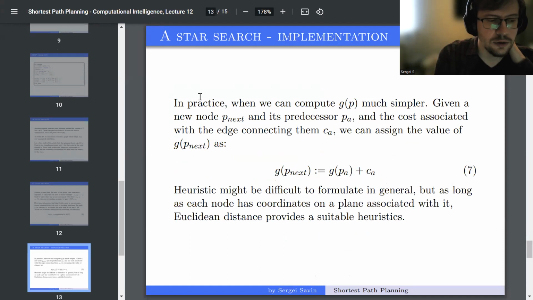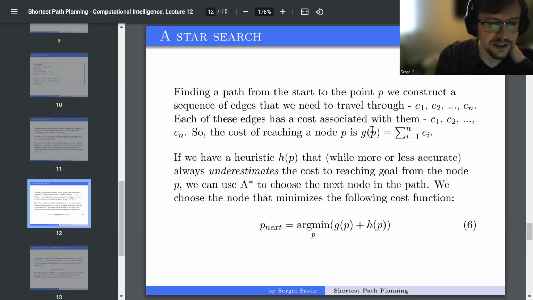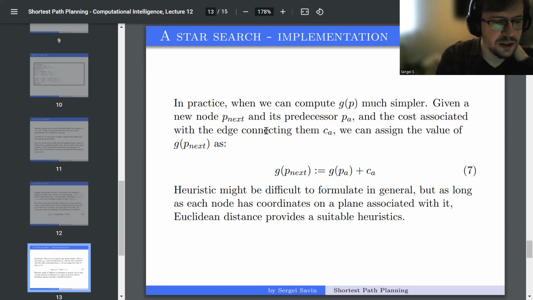Now, in practice, G of P is not computed like this. We're not going to unwind all the path and compute this. Doesn't make any sense. Instead, when we get our next point for which we want to compute G of P, we find its predecessor P sub A, and we find the cost associated with the edge connecting P sub A to P next.